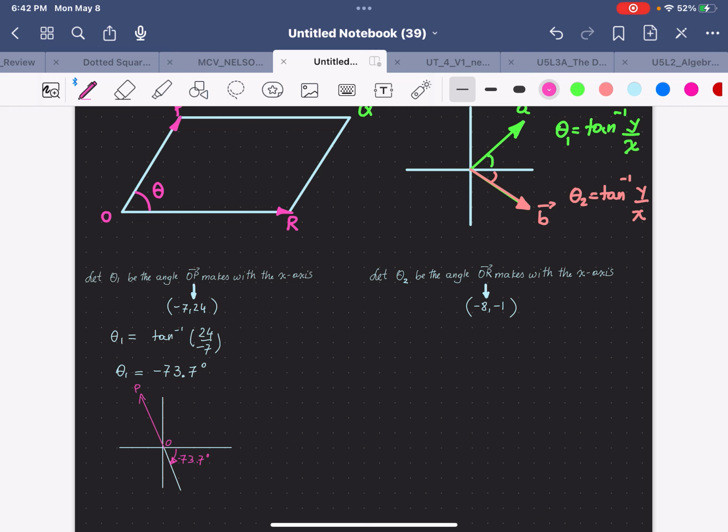Now let's continue with finding angle theta 2. For theta 2, we're going to use the inverse tan of y, which is in this case negative 1, over x, which is negative 8. If you use the calculator for it, inverse tan of negative 1 over negative 8 is equal to the angle 7 degrees.